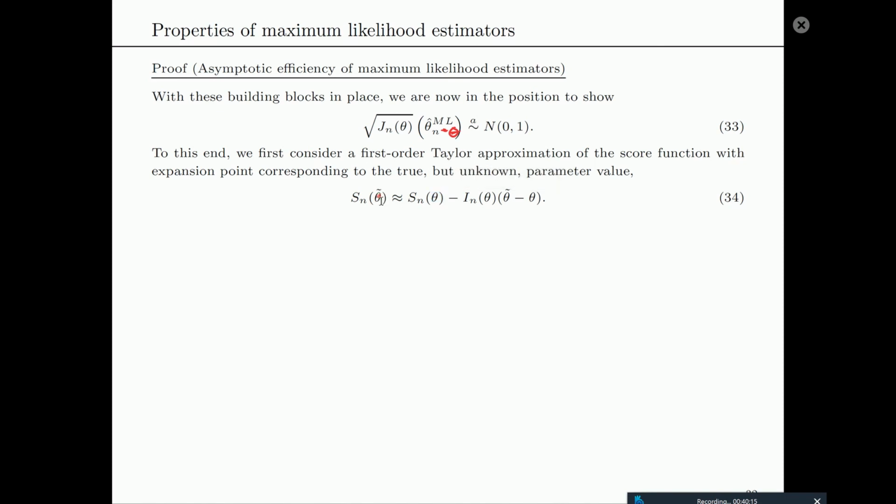Theta tilde just is there to dissociate this from the true but unknown value, which I denote by theta, and I didn't want to go away from this convention here. So we rewrite the score function in a first order Taylor approximation. And then, of course, the first derivative of the score function is the Fisher information, because that's the second negative derivative of the likelihood function. This is also where you get this minus sign from.